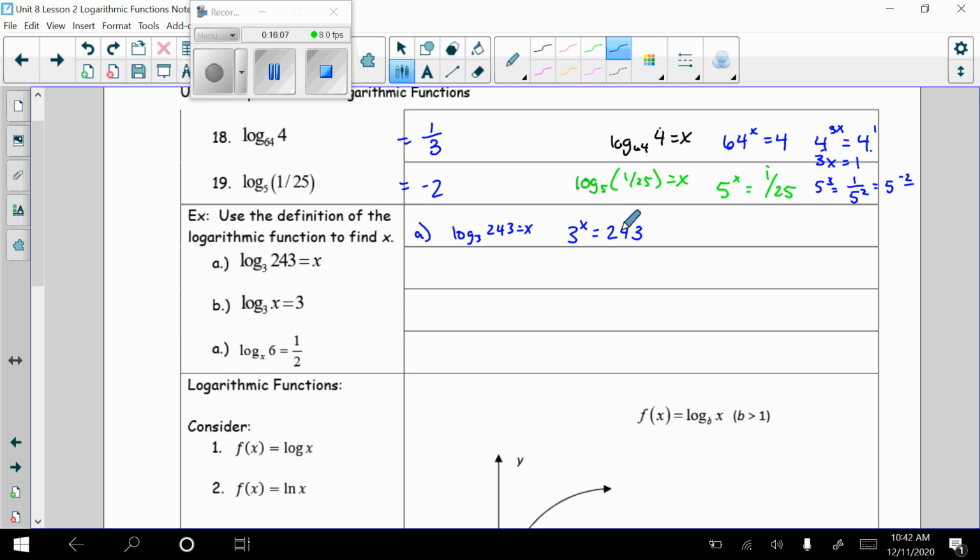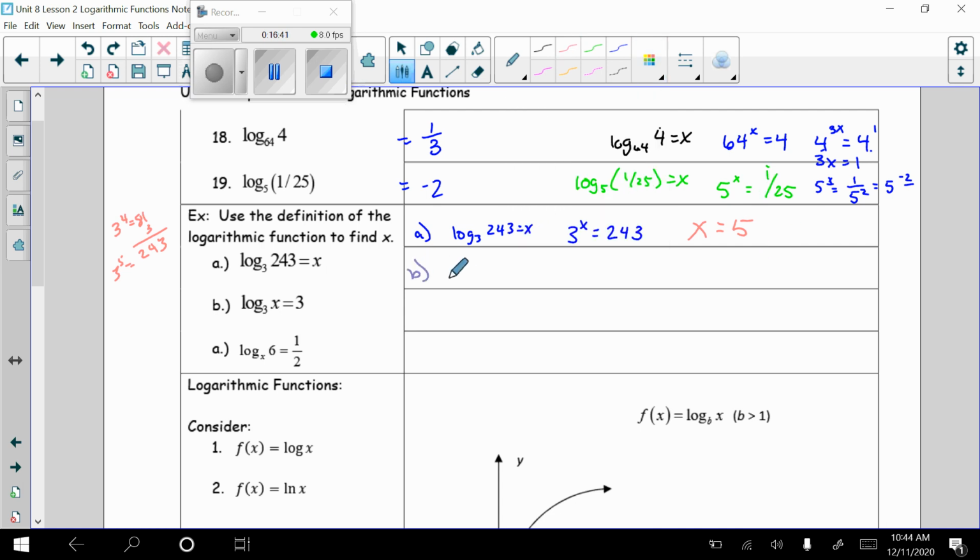That's just a matter of figuring out 3 to what power is 243. Okay, so I know that 3 to the 4th is 81. If I multiply that by 3 again, then I have 3 to the 5th, which would then be 243. So x is 5.